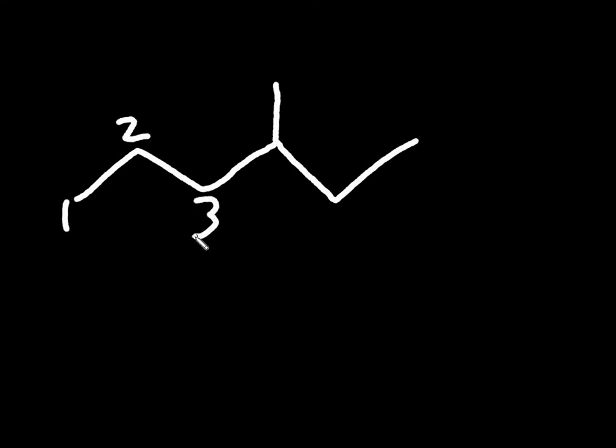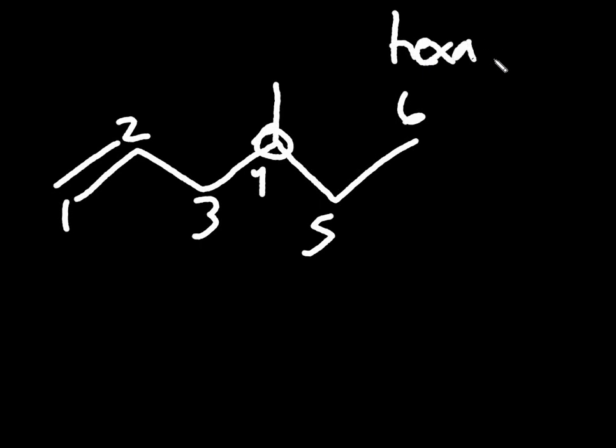1, 2, 3, 4, 5, and 6. On the fourth carbon, we have a methyl. Oh, sorry. And from the 1 to the 2 carbon, we have a double bond. So we know that the parent name is hexene, 6 carbons, and it is an alkene compound.